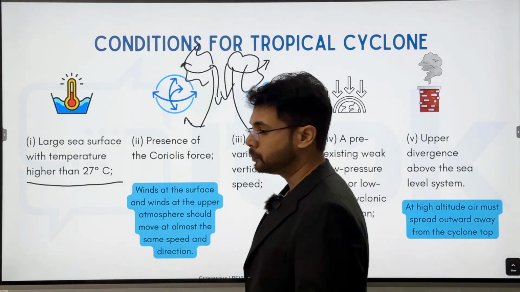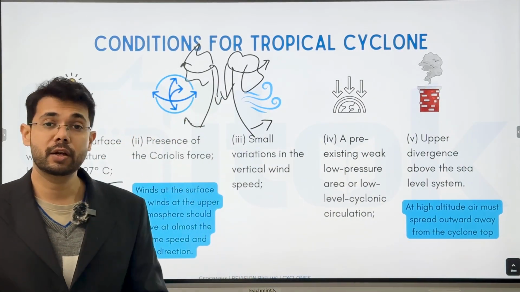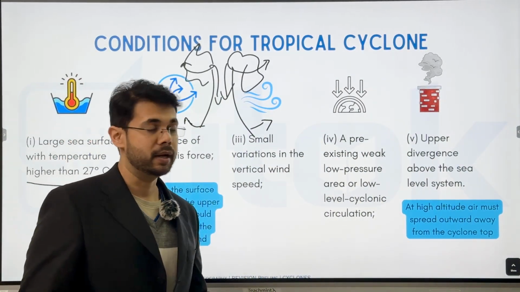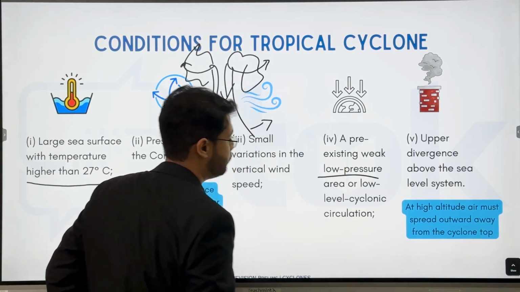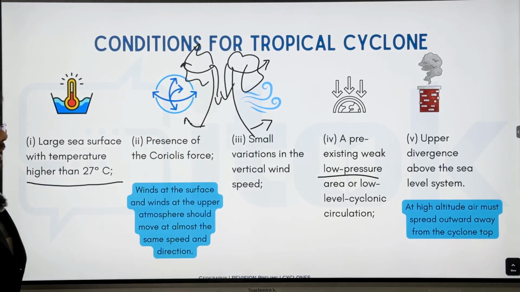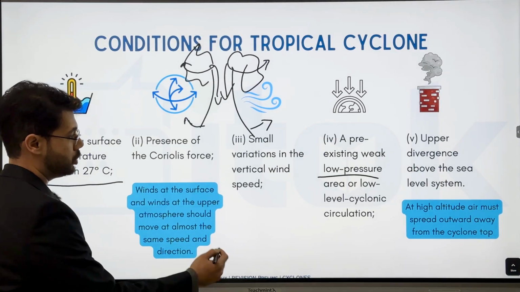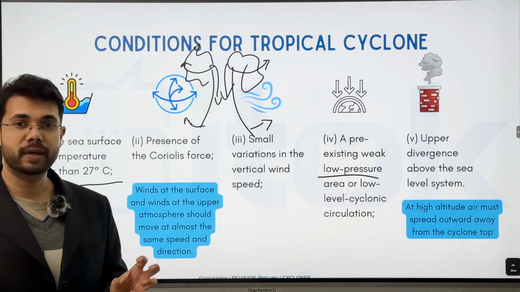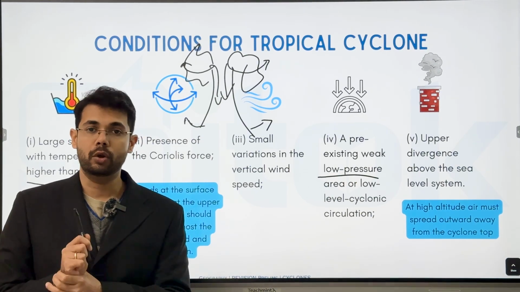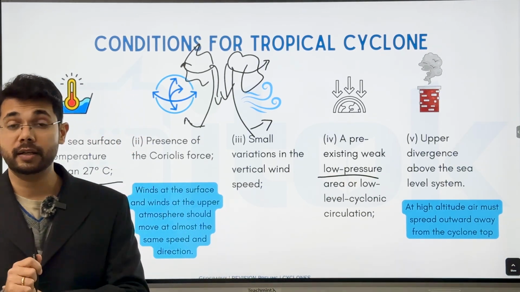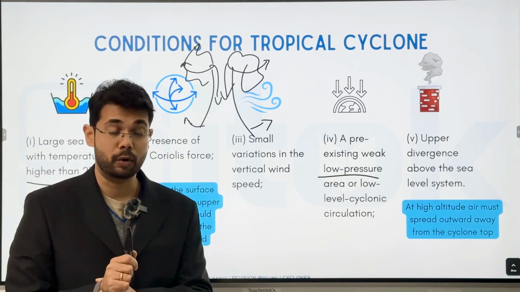Number 4. Cyclones cannot happen anywhere and everywhere. A pre-existing weak low pressure area must be present. So we have different low pressure area troughs. You remember there is one trough in the Bay of Bengal. If you have studied Indian geography, you know which trough I'm talking about.